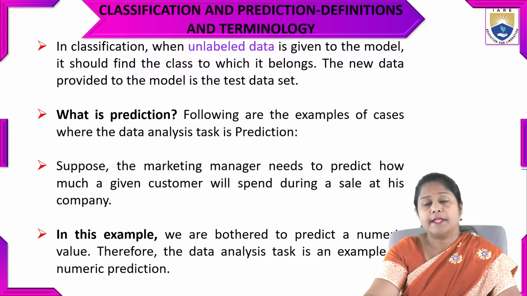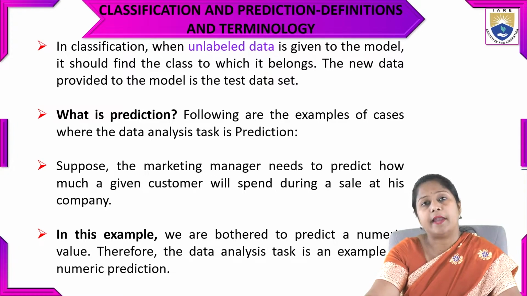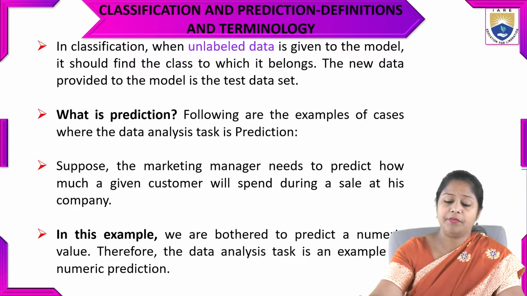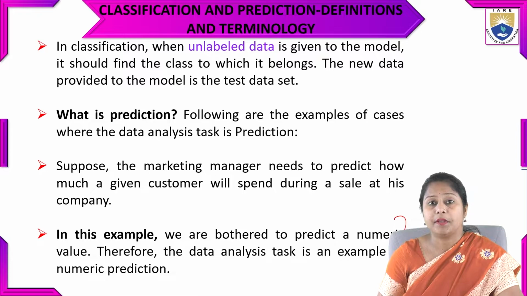In this example, we are concerned with predicting a numeric value. Here we have to predict money spent, which is in numeric form. Therefore this data analysis task is an example of numeric prediction. Prediction is all about numerical data.